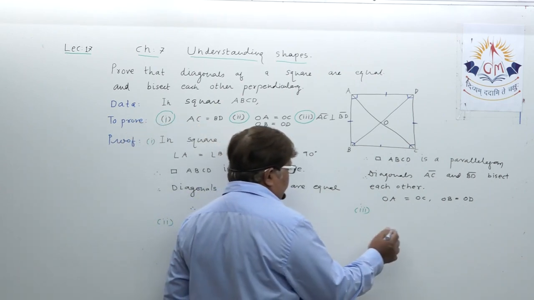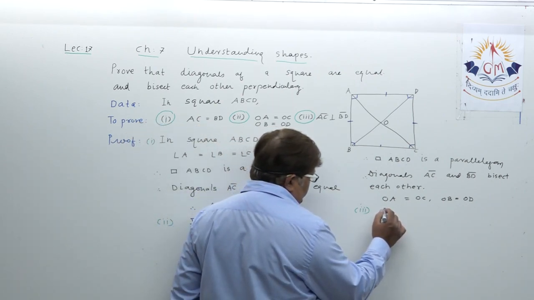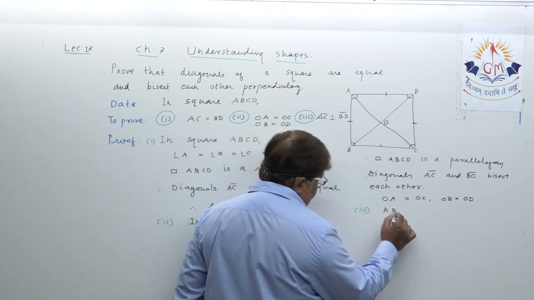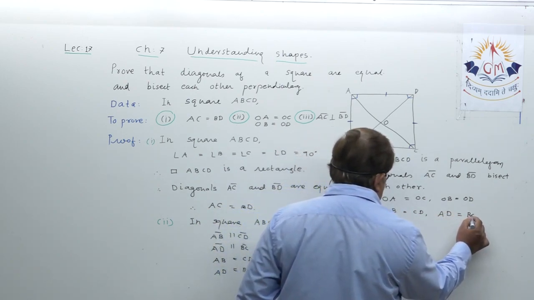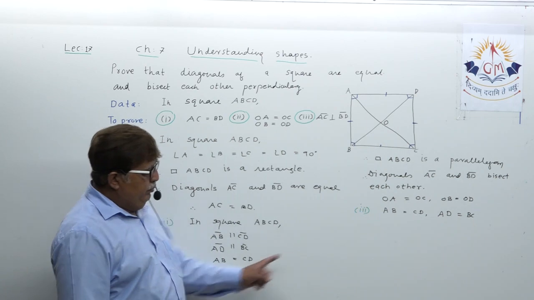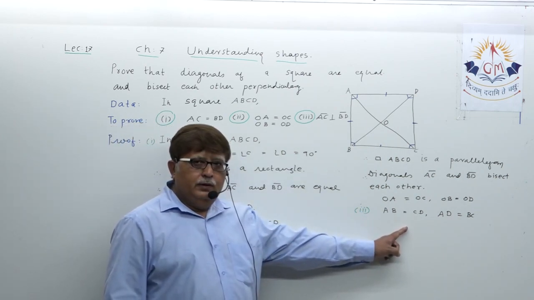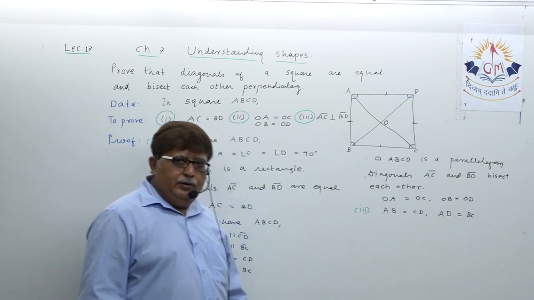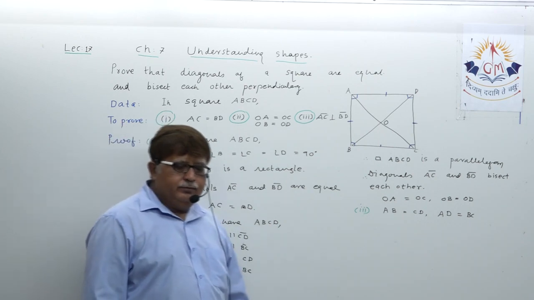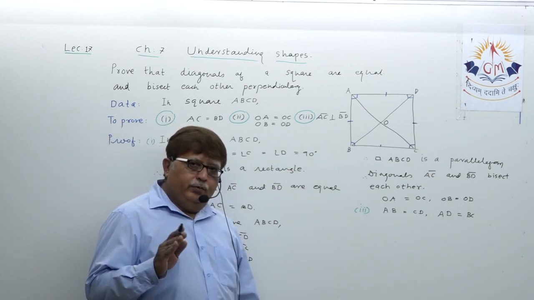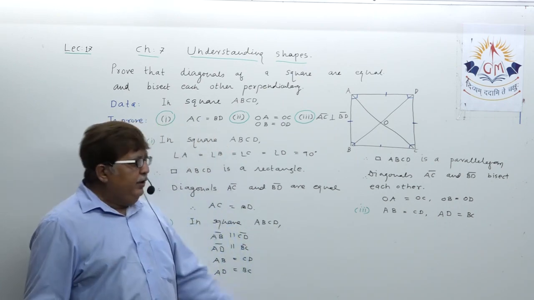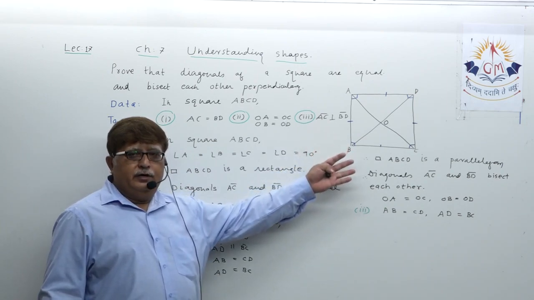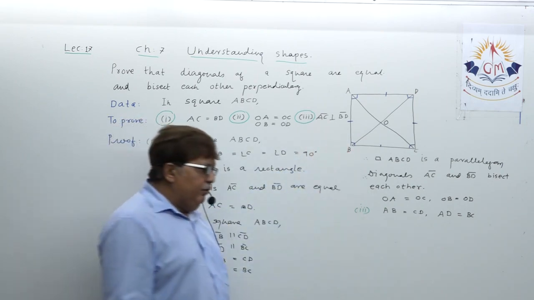Let us try to understand what we have written here. AB equal to CD and AD equal to BC, as you have proved already. When you think that it is a parallelogram, obviously opposite sides are equal, but it is already a square where all sides are equal, meaning adjacent sides are also equal.